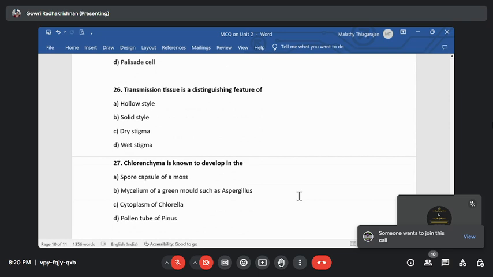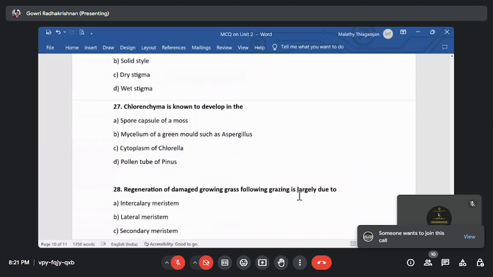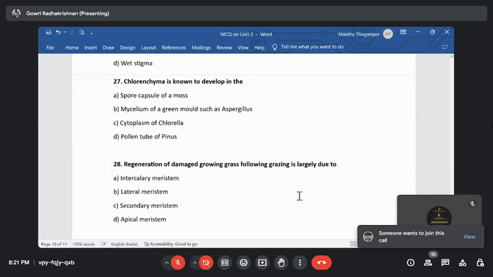Transmission tissue is a distinguishing feature of? Solid style. Option B. 27. Chlorenchyma is known to develop in the? Option C, ma'am.